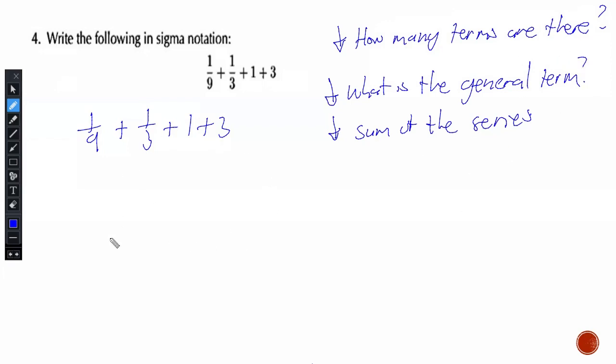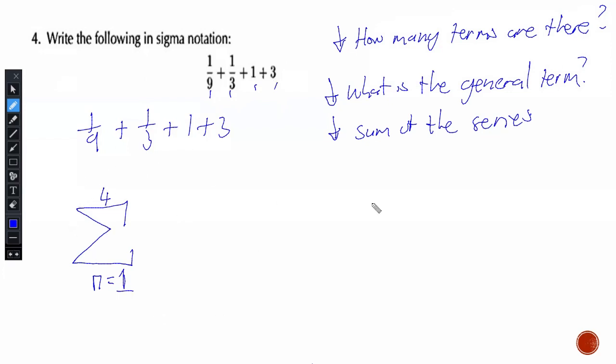Okay, now start with your sigma. And then your n, always assume that it will run from term number 1, unless stated otherwise. Now, how many terms are there? It's 1, 2, 3, 4. So if it's running from term 1, then it needs to end at term 4. As we can see, this is a finite series.